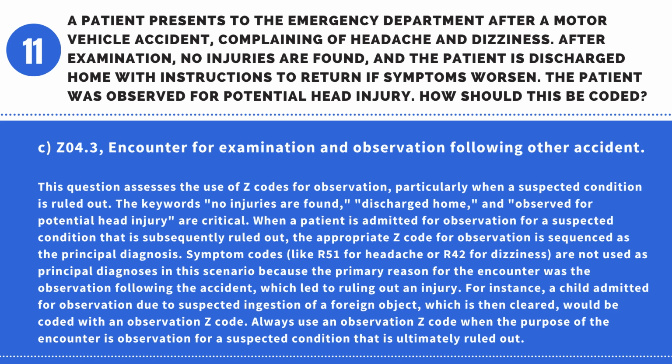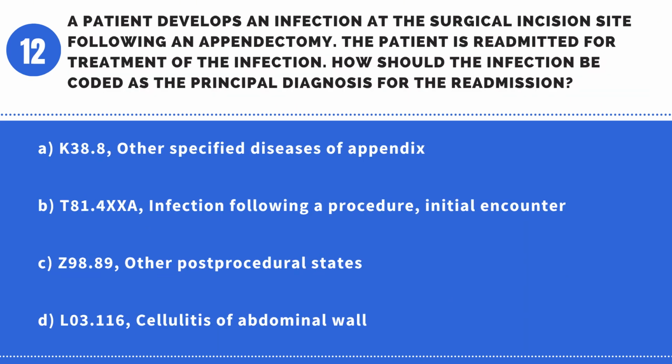Symptom codes, like R51 for headache or R42 for dizziness, are not used as principal diagnoses in this scenario because the primary reason for the encounter was the observation following the accident, which led to ruling out an injury. For instance, a child admitted for observation due to suspected ingestion of a foreign object, which is then cleared, would be coded with an observation Z code. Always use an observation Z code when the purpose of the encounter is observation for a suspected condition that is ultimately ruled out.